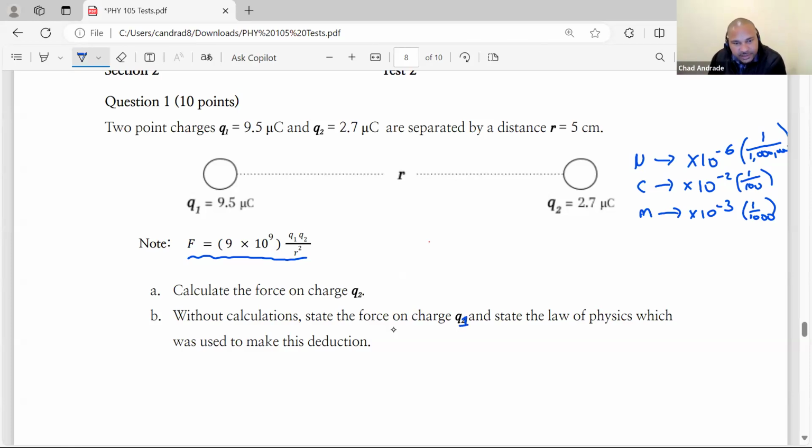So it says calculate the force on charge Q2. So F equals, I'm sorry, let me not jump down. I just realized I didn't write down some of the stuff. Let's go with the givens, right? So this is A, Q1 equals 9.5 microcoulombs. And remember I said one way of writing that is 9.5 times 10 to the minus 6 coulombs, right?